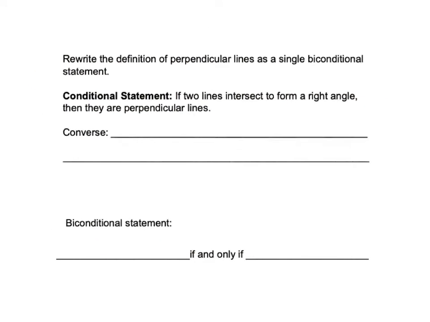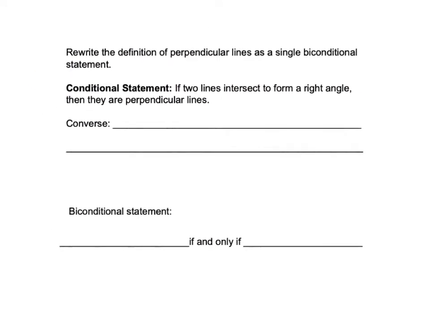So let's take a look here. It says to rewrite the definition of perpendicular lines as a single biconditional statement. We have a conditional statement: if two lines intersect to form a right angle, then they are perpendicular lines. That is true. If they form a right angle, that's the definition of perpendicular, then they are perpendicular lines. Then we need to decide if the converse is also true.